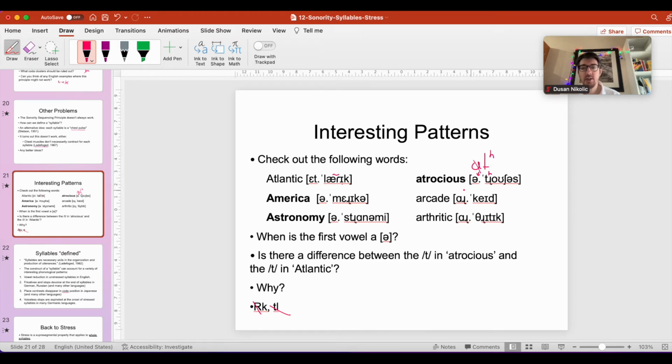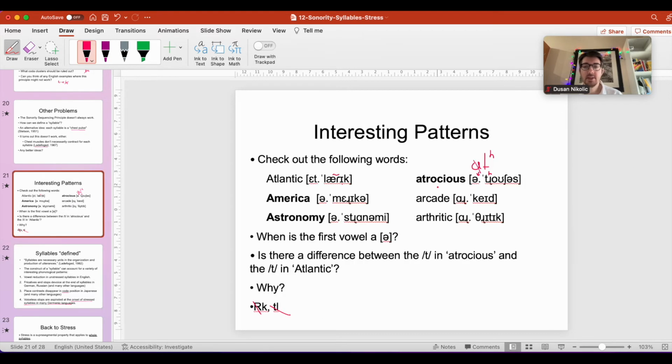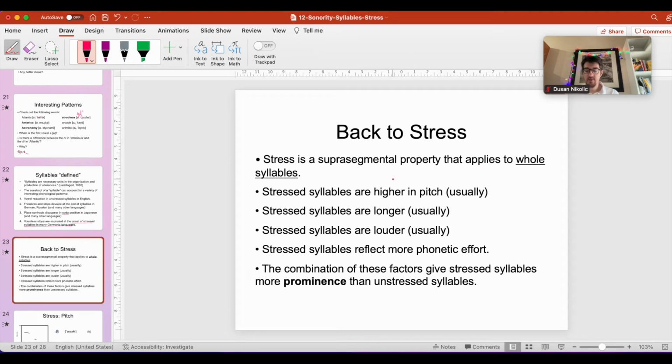So voiceless stops are aspirated at the onset of stressed syllables in many languages. And now finally we do understand why or when aspiration happens. Now, when we know what a syllable is, we can say that stress is a suprasegmental property that applies to the whole syllable, or to whole syllables. And that's clear, right?